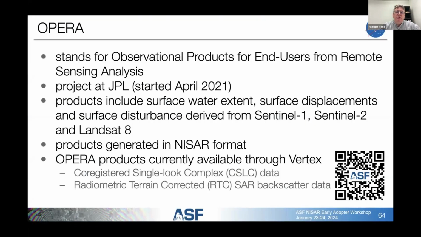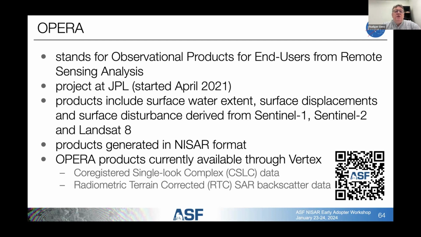It stands for Observational Products for End Users from Remote Sensing Analysis. As Eric mentioned, it is a project at JPL that, at least from the SAR end, started in April 2021. It includes products that are not just level 2 products, but also higher level products.